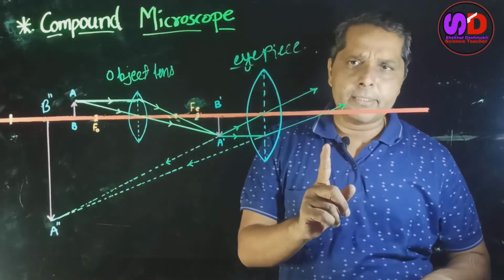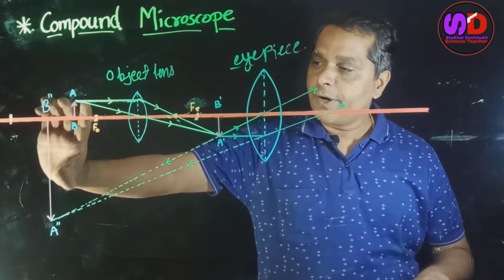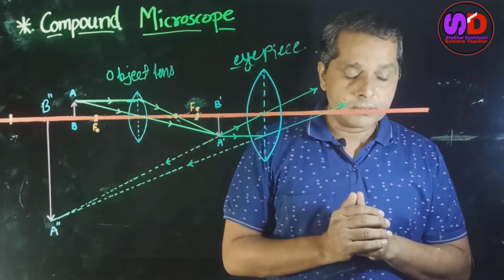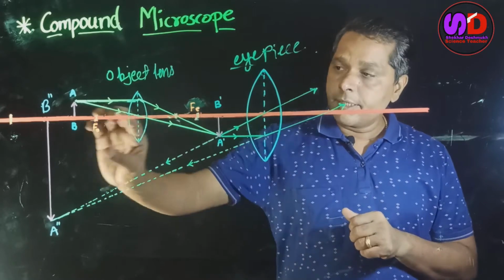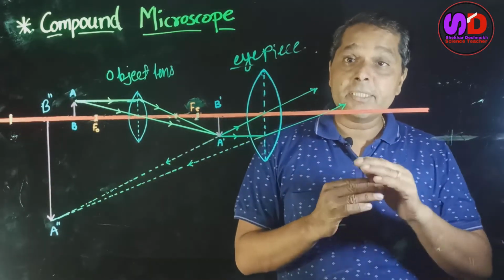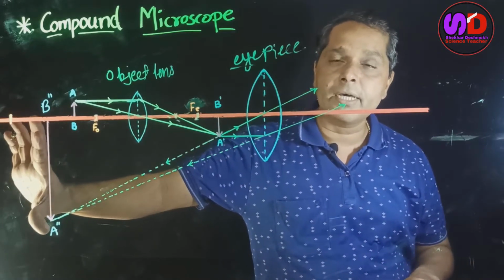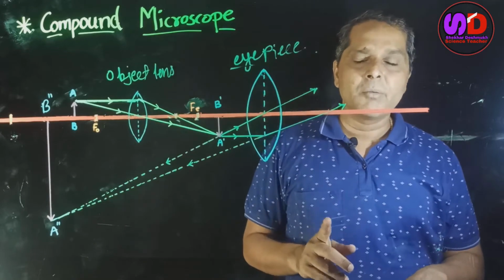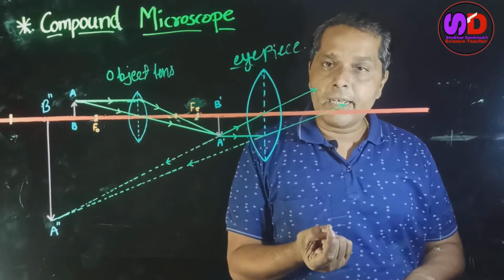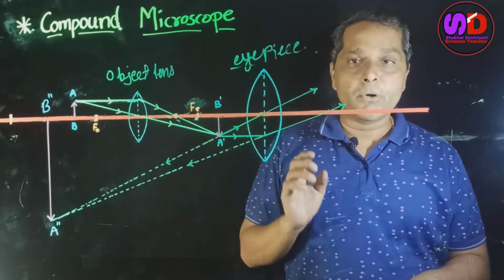One thing to keep in mind is that the actual object and the very enlarged image that we see through this eyepiece are inverted, that means upside down. But it doesn't matter, because we are seeing very minute objects like cells or bacteria through this compound microscope.